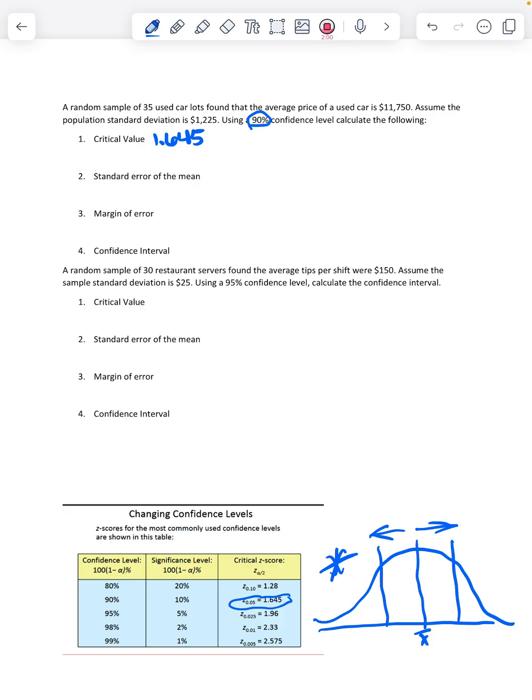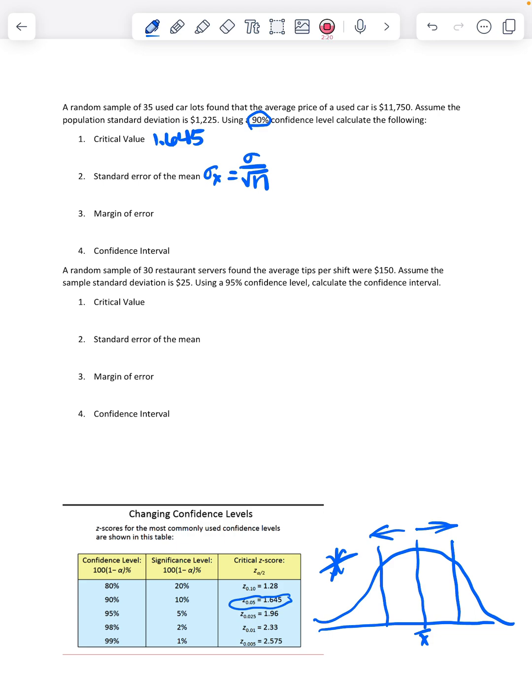The next step is to determine the standard error for the mean. The formula for that, when the standard deviation is known, is your standard deviation over the square root of your sample size.